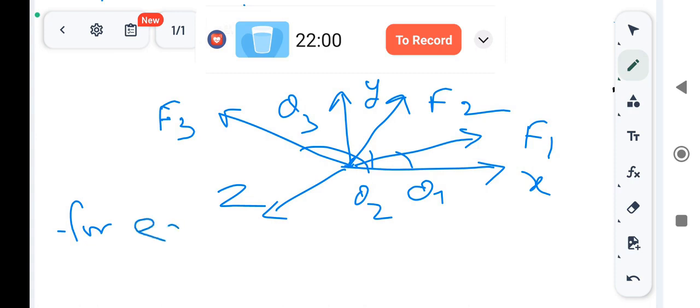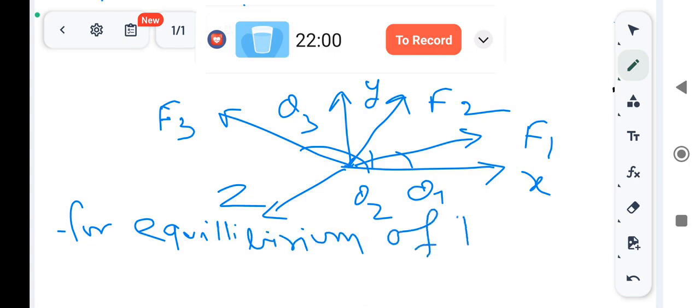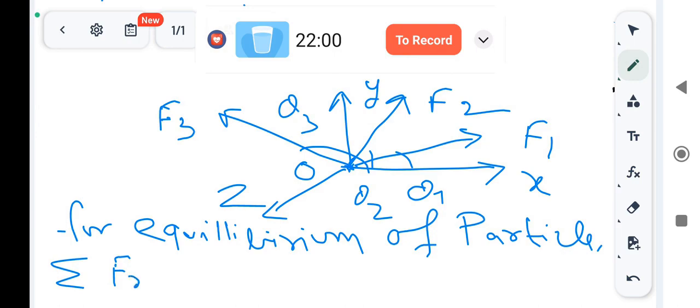for equilibrium of a particle, a particle is placed at this point O. So for equilibrium of the particle, the algebraic sum of all forces along the x direction must be zero.